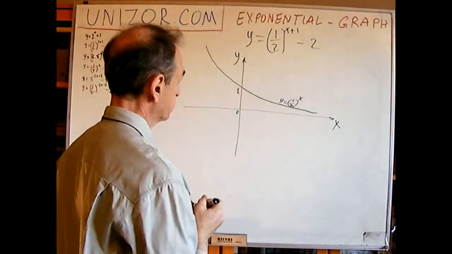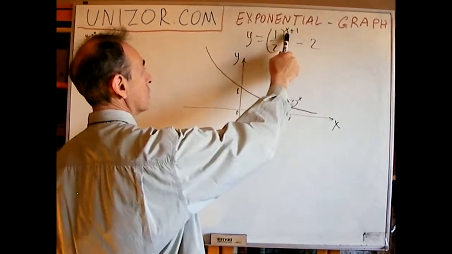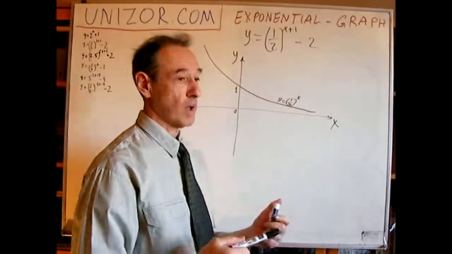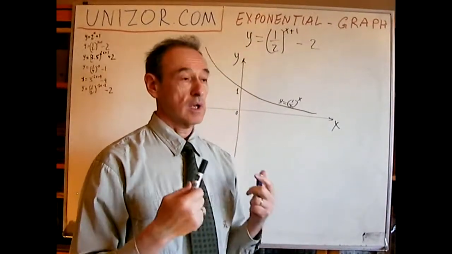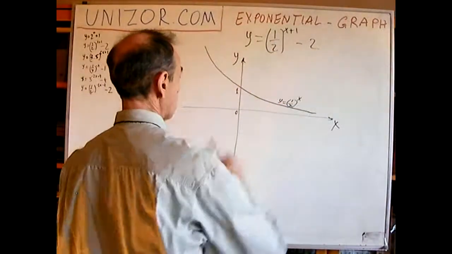All right. Next, what we have to do is, instead of to the power of x, we have to raise it to the power of x plus 1. So we add 1 to the argument of this function. Now, if we add 1, the graph shifts left this way.